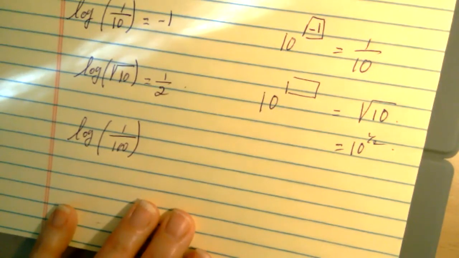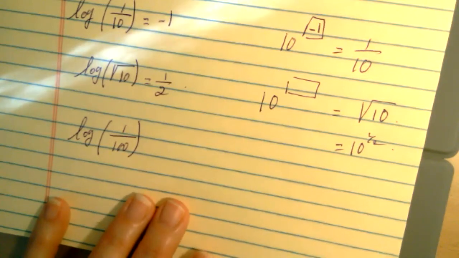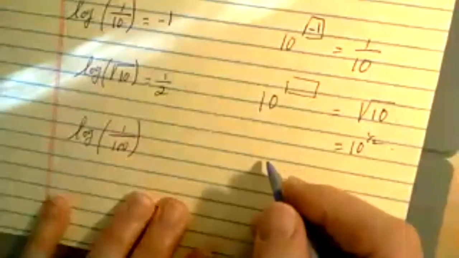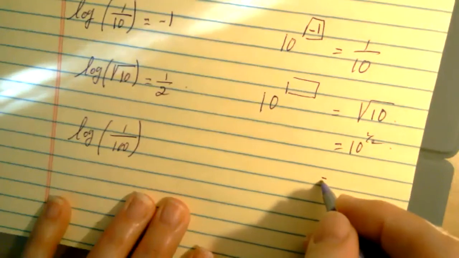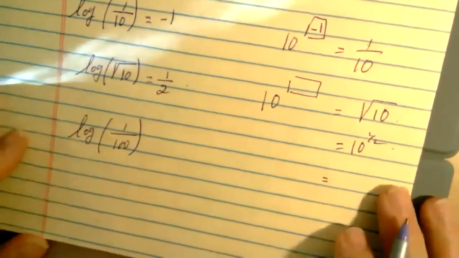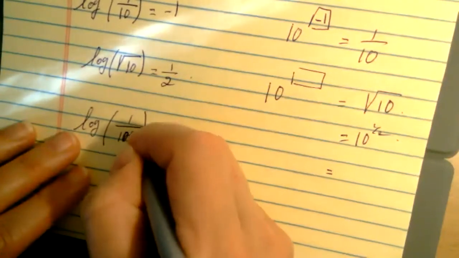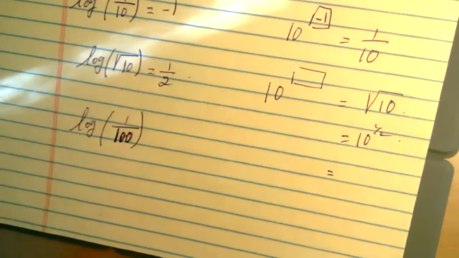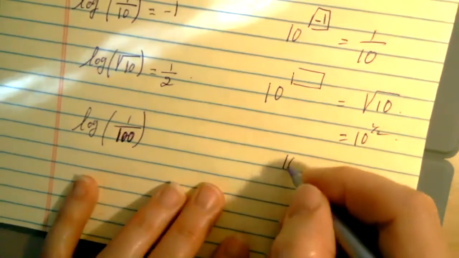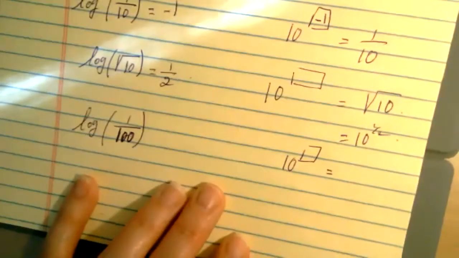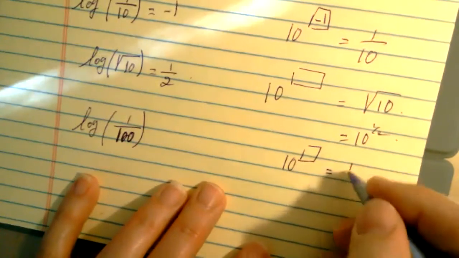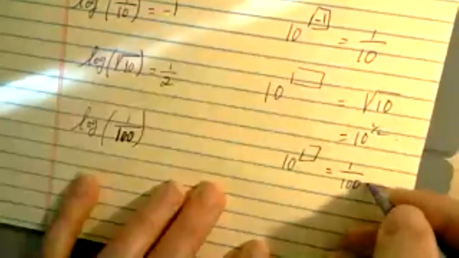-2. You're reluctant. You shouldn't be. Justify. 1 over what? 100. I'm sorry, 100. Okay, so basically, I'm asking you 10 to which power will give me 1 over 100.